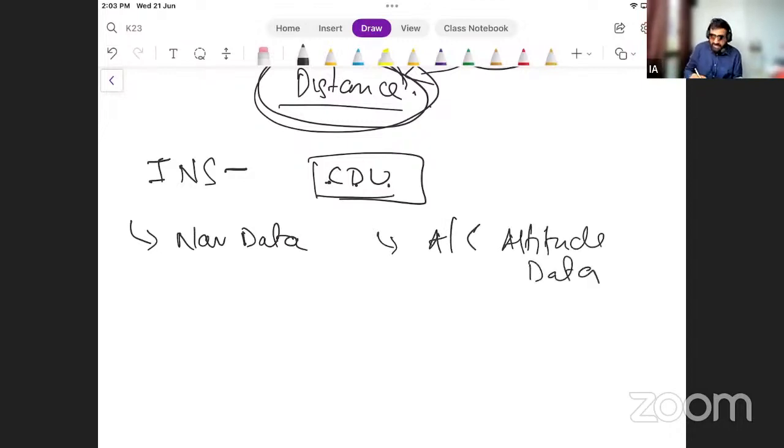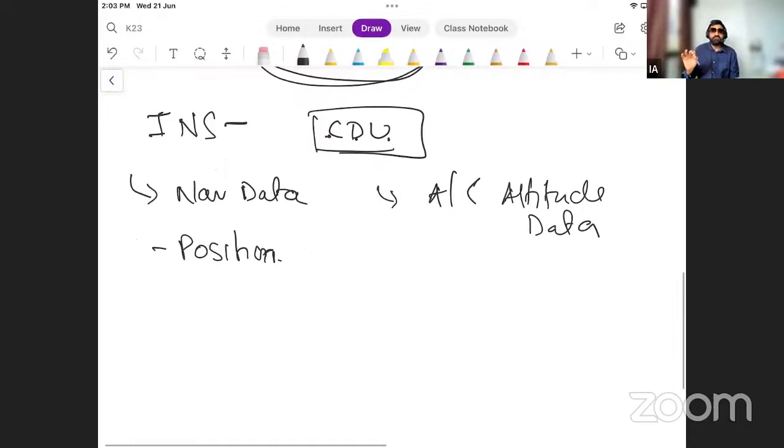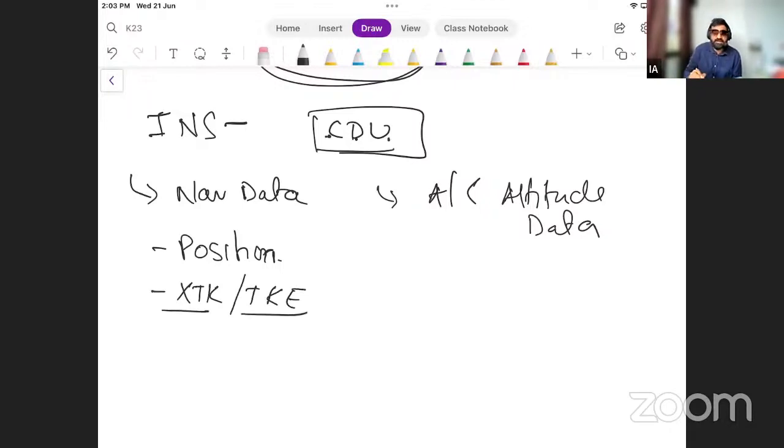In nav data, I have aircraft position. The only thing we have to make sure we feed in first is the aircraft present position, at the time of which the aircraft should be fixed, and it will be aligned with the true north. Then we have cross track error. Then we have track angle, track error angle. So this is cross track error. This is track error angle.